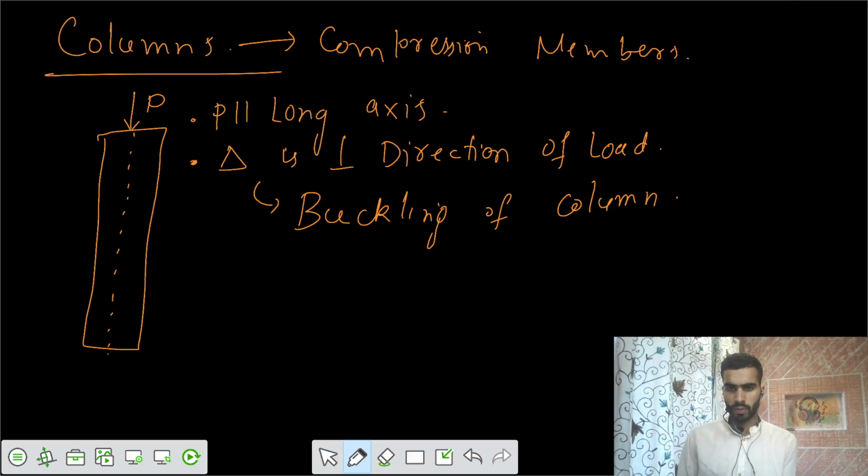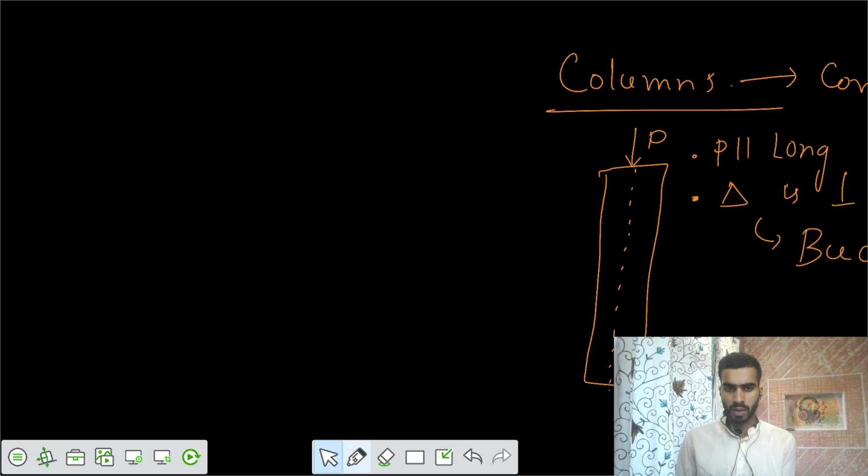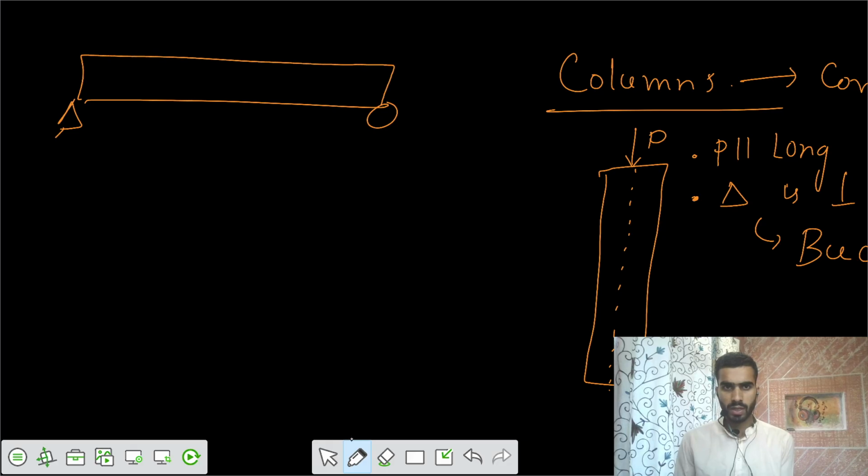So when we studied the beam, we said the long axis was in the direction of x. Here the long axis is in the direction of y. So you apply load in the y direction, and deflection was also in the direction of y.